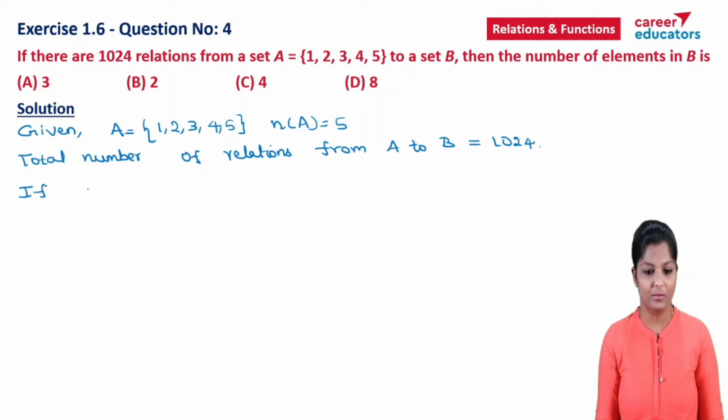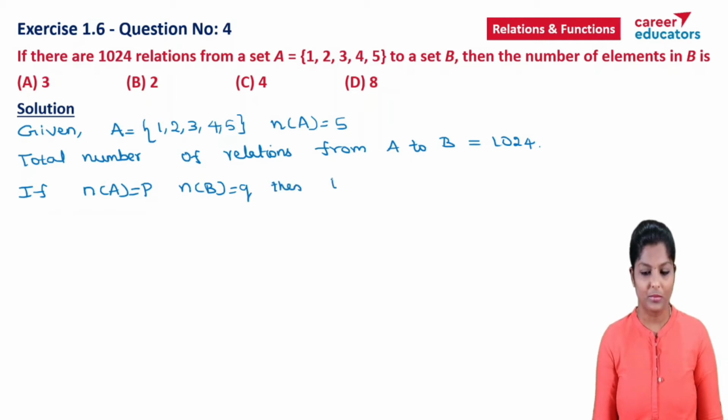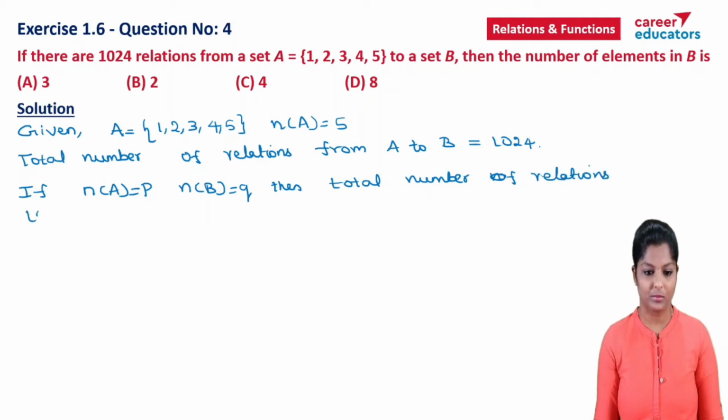If n of A equal to P and n of B equal to Q, then the total number of relations that exist from A to B is 2 power PQ.